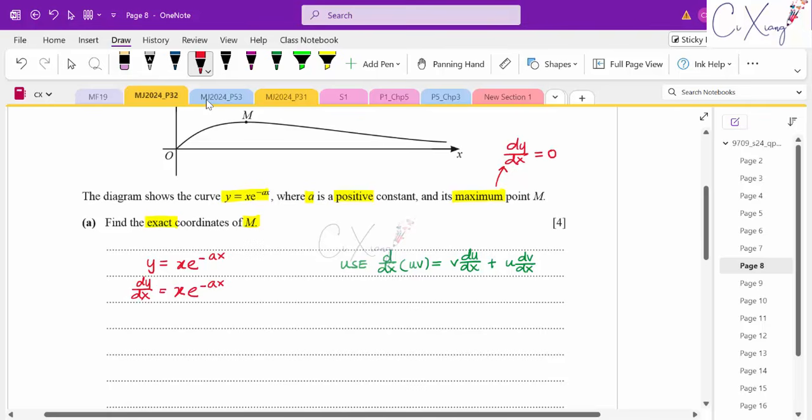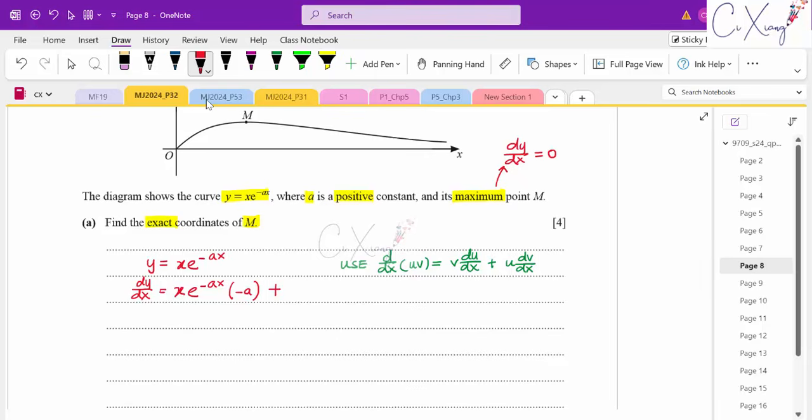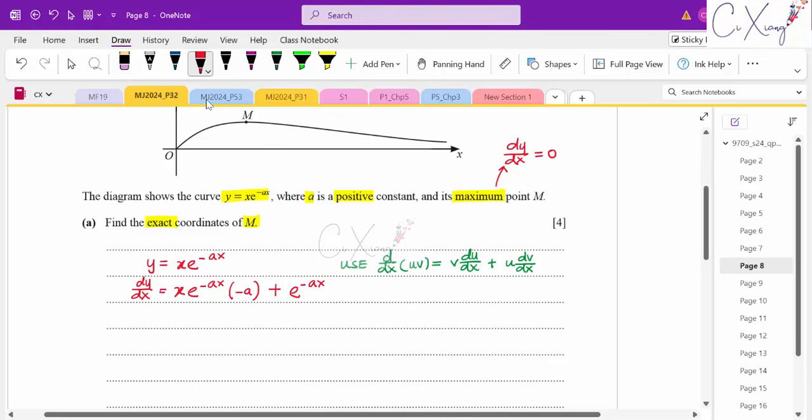Then I differentiate the power, I get negative a. So I have to multiply the negative a after this. So just now I copy the first, differentiate the second, right? So now I do it the other way around, where I copy the second, which is e power negative ax, then differentiate the first bracket. Differentiate x, you get a 1. Okay, so you successfully get the dy/dx already.